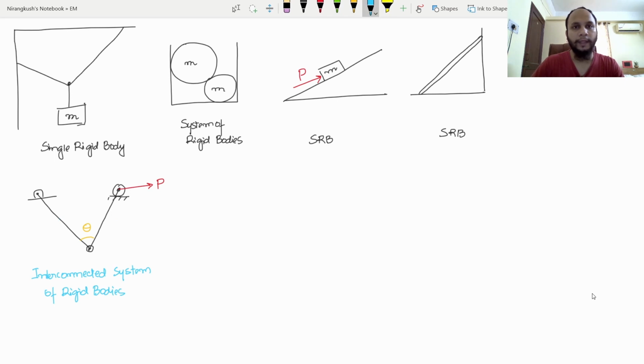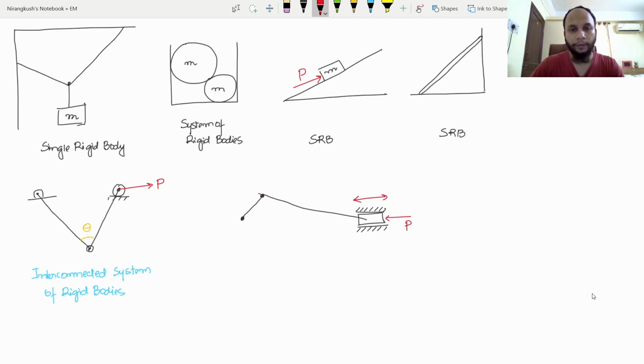Let me give you another example. You know IC engine, right? Internal combustion engine. Let's say you have an IC engine that is driving a crank. This is the crank that rotates, and this is the connecting rod that is linked with a piston within a cylinder. And due to combustion, it experiences a force here, and this goes to and fro.